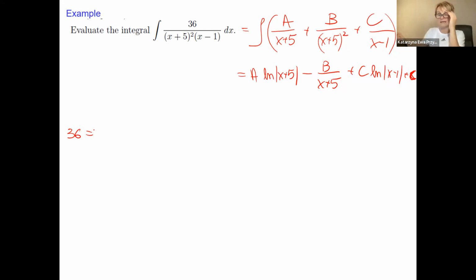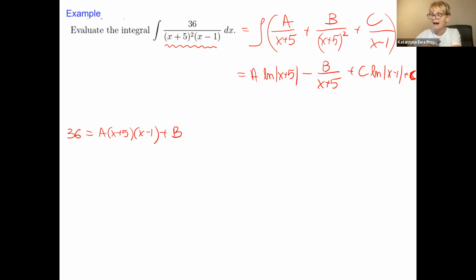Okay, that means now let's see, a. The quantity a has x plus 5 underneath. In order to create this common denominator, just one extra x plus 5 is missing. So I will multiply by x minus 1, because one x plus 5 is already there.